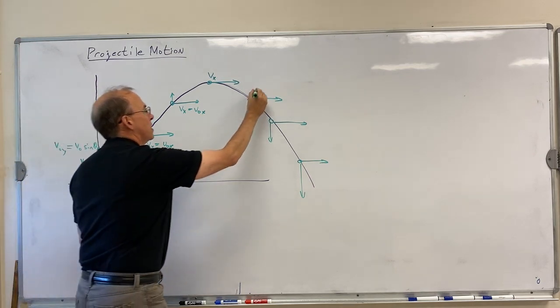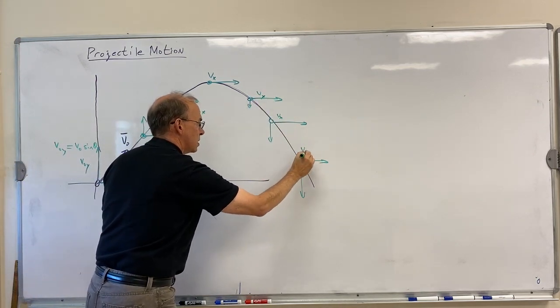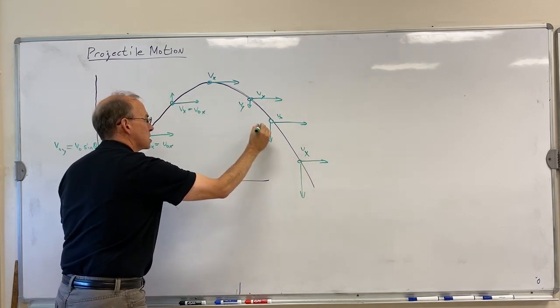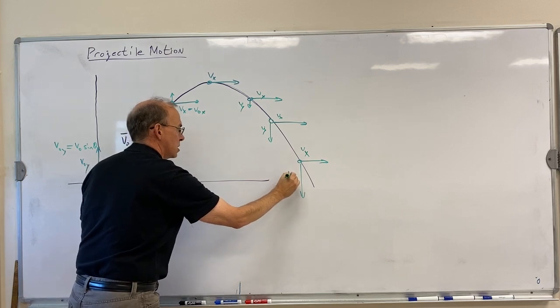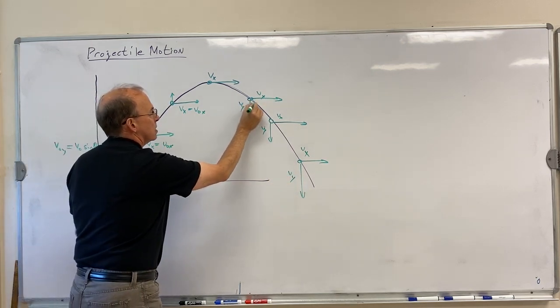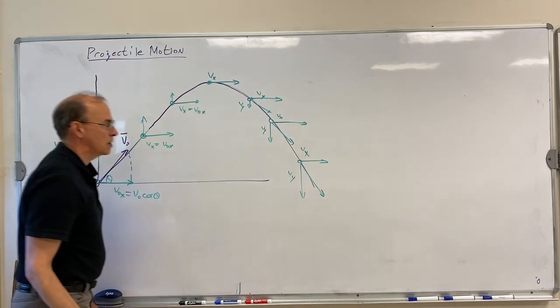So again, the vx is just staying the same, but the vy is constantly changing, where the total velocity at any part is the tangential vector sum of those two things.